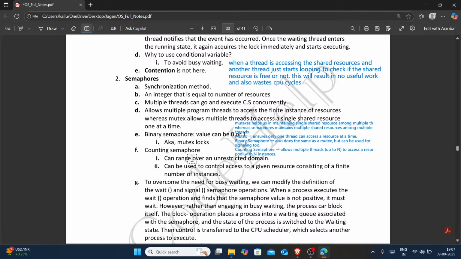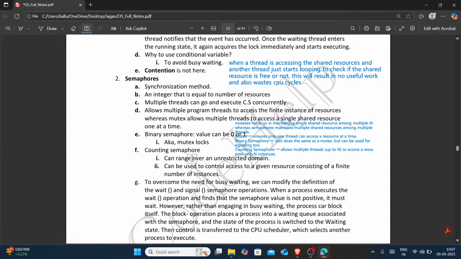To overcome the need for busy waiting, we can modify the definition of the wait and signal semaphore operations. When a process executes the wait operation and finds that the semaphore value is not positive, it must wait.